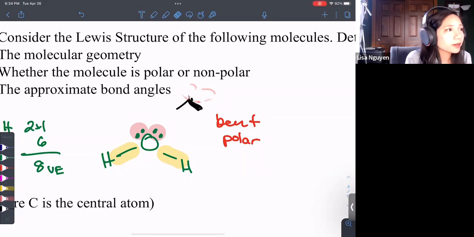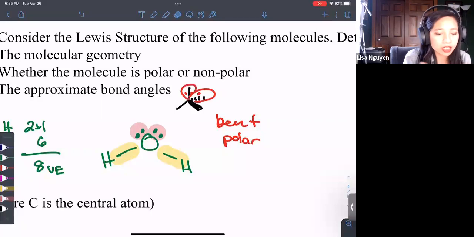So it's polar, and we know water is polar. And so I like to use my babies and bodybuilders analogy. If they're all pulling in the geometry, pulling on that central atom, does the central atom move at all? And if it does, it's a polar molecule. So in this case, since the hydrogens are congregated on one side, it'll be polar.